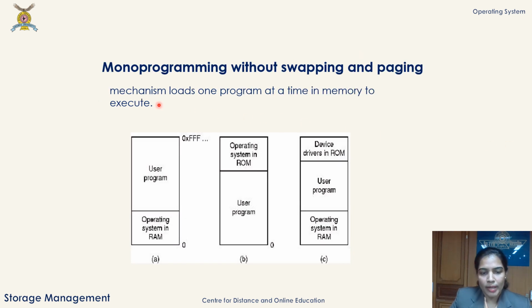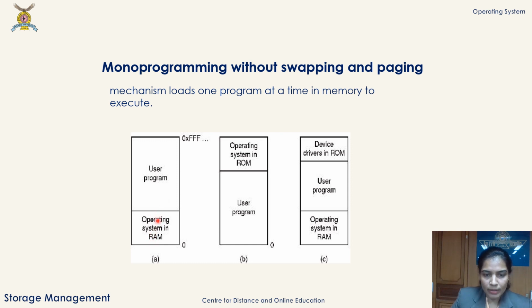Let's see what types of memory management we may need. Monoprogramming without swapping and without paging. Here the mechanism loads one program at a time in the memory for execution. As you can see in the diagram, on the upper side we have a user program.